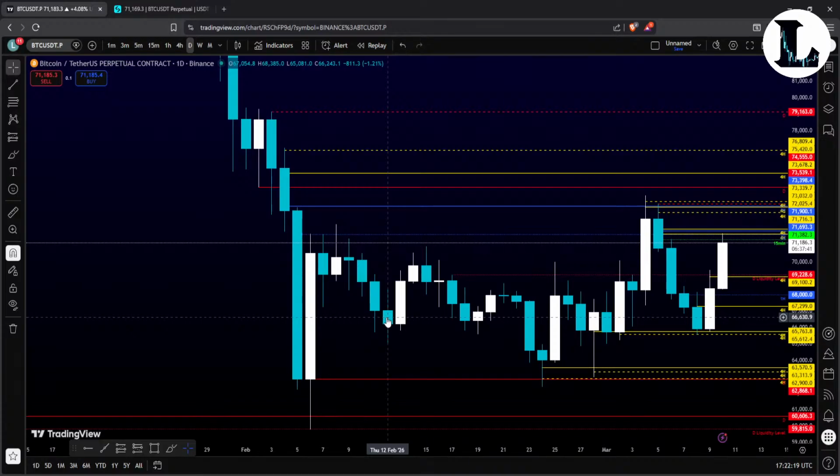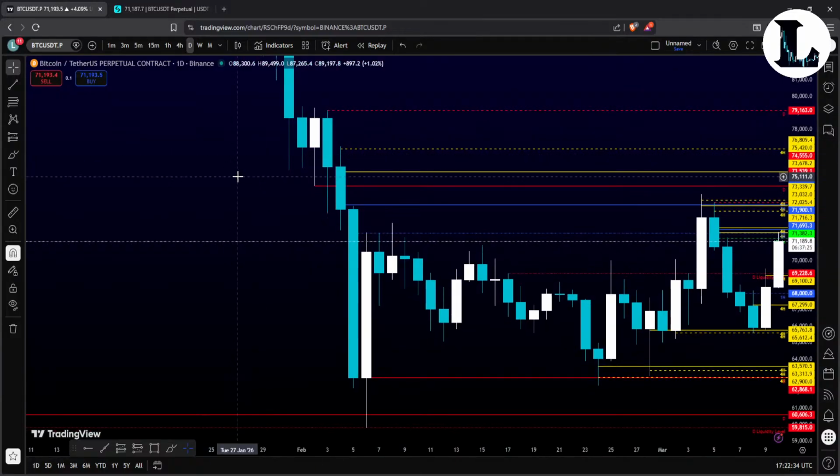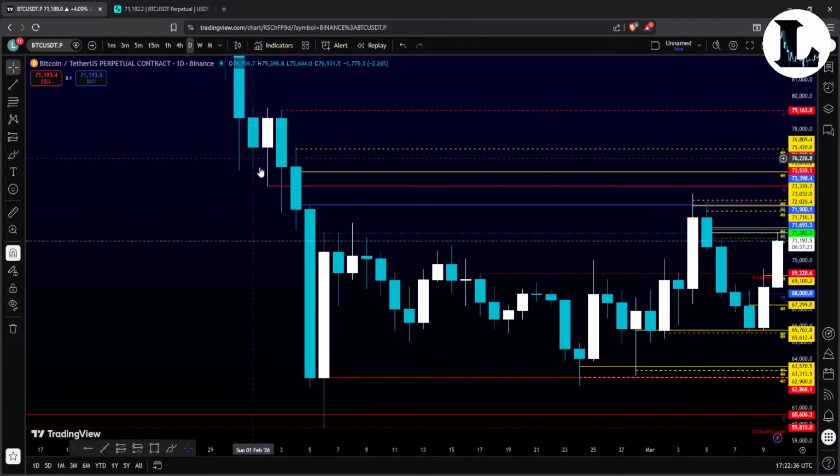So I'm going to go to the 4 hour, because I just use these time frames here: the 1 minute, 3, 5, 15, 1 hour, 4 hour, and daily candles. Really simple. We start on a higher time frame, the daily.